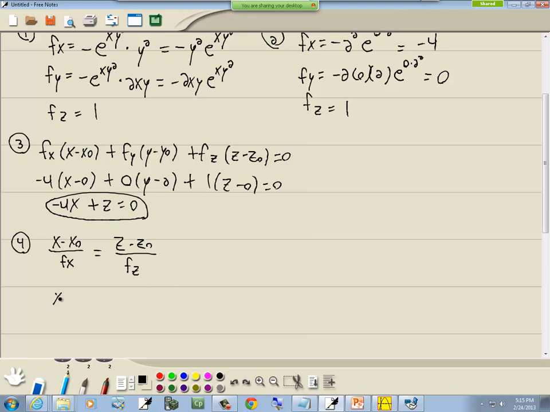So we're going to have x minus 0 over negative 4 equals z minus 0 over 1, which gives us negative 1/4 x equal to z for our symmetric equations.